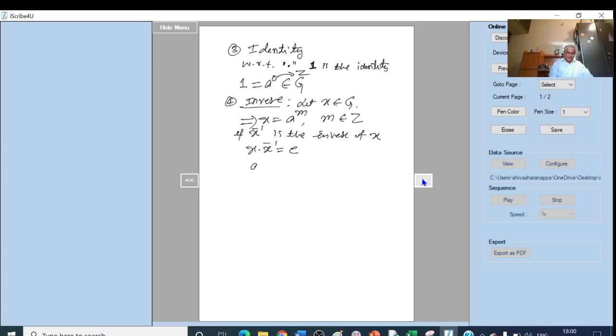So x is nothing but a to the power of m into a to the power of m to the power of minus 1 is equal to identity.